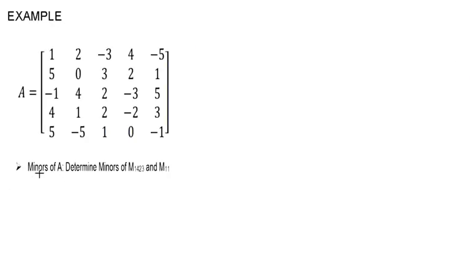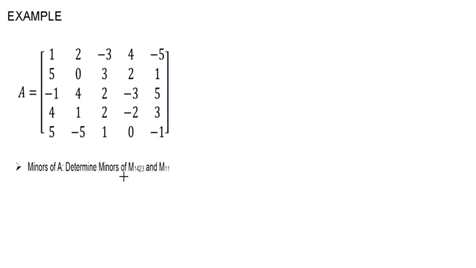How do we get the minors of the given matrix A? M is our symbol for minors.